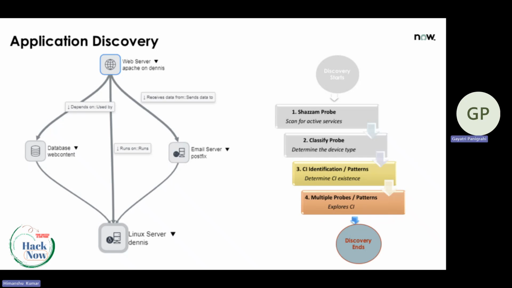For Windows, if I need to remotely access a Windows machine, I have two ports: one is the RDP port, and the second is the WinRM port. Majorly ServiceNow uses the WinRM port, which is 135. These are already predefined ports.